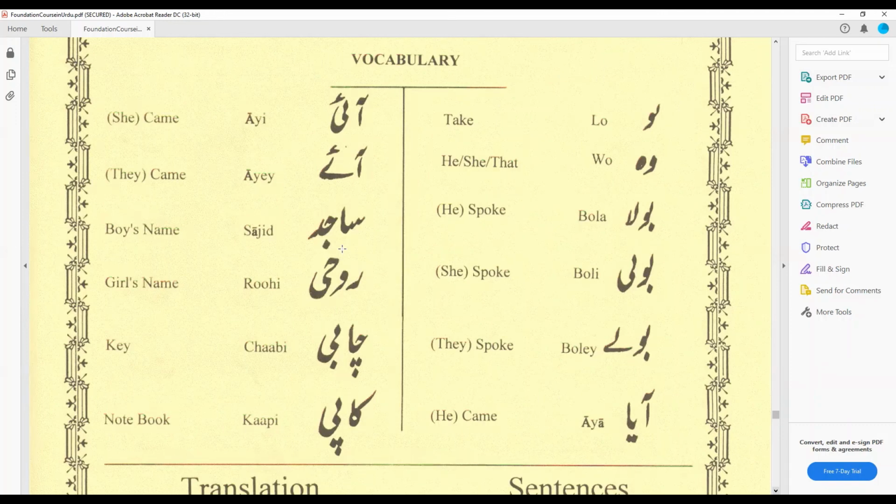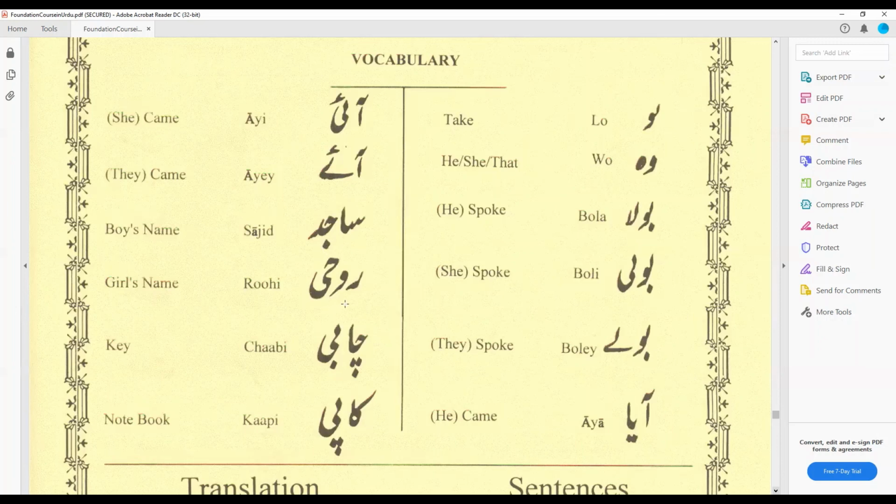Sajid can be your friend, your classmate, or in your family. It's not Bhaijan. Sajid is a specific name. Sajid can be a child's name.